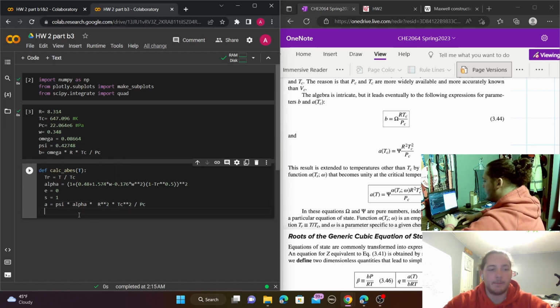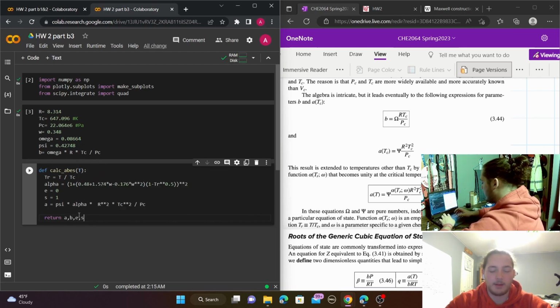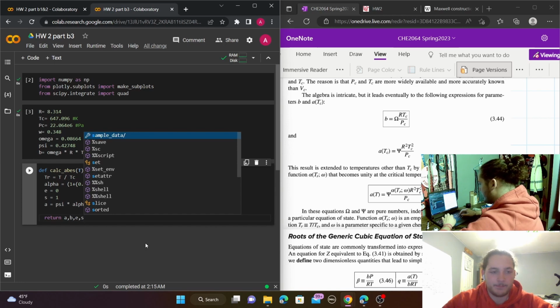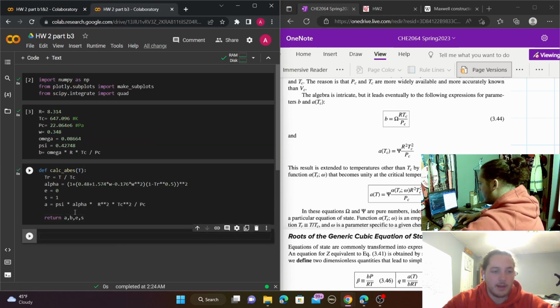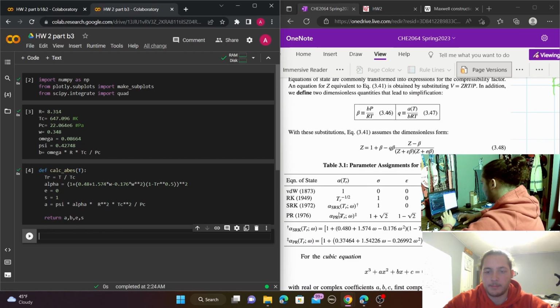So from here we can now return A, B, E, and S. And this is solving it under the parameters of the SRK equation of state.